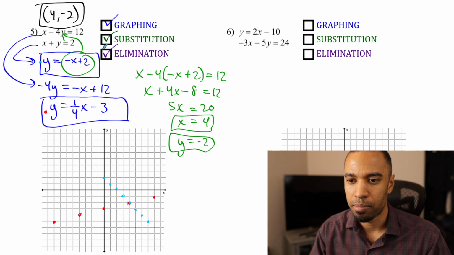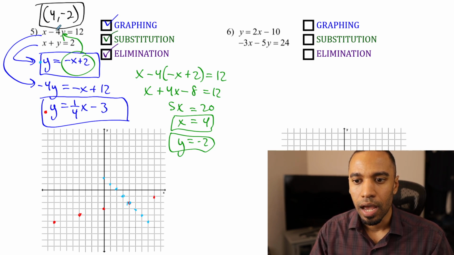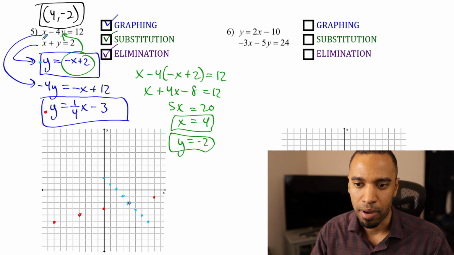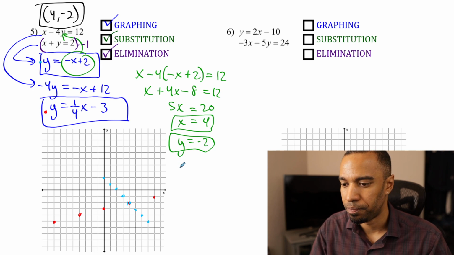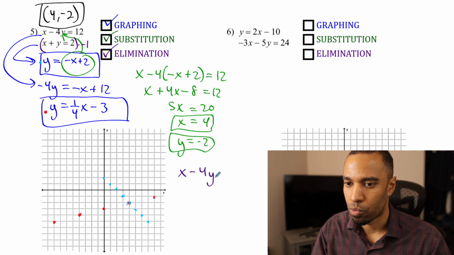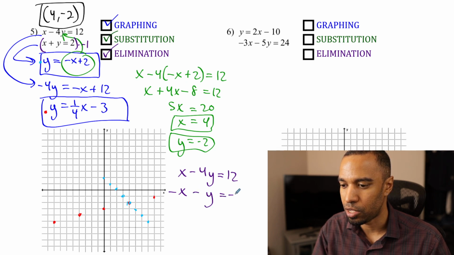Last one is the elimination method right here. I'm going to multiply the bottom equation by negative 1. I'm going to eliminate my x's here. And I'm going to get x minus 4y equals 12, and then negative x minus y equals negative 2. X's eliminate.